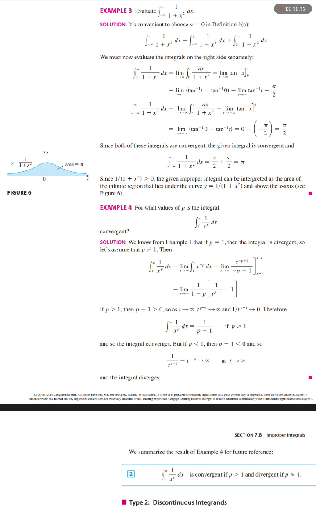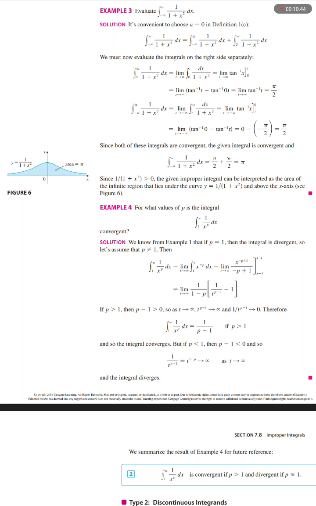The integral from negative infinity to 0 of 1 over 1 plus x squared dx equals the limit as t approaches negative infinity of the integral from t to 0 of dx over 1 plus x squared, which equals the limit as t approaches negative infinity of the inverse tangent of x on the interval from t to 0.